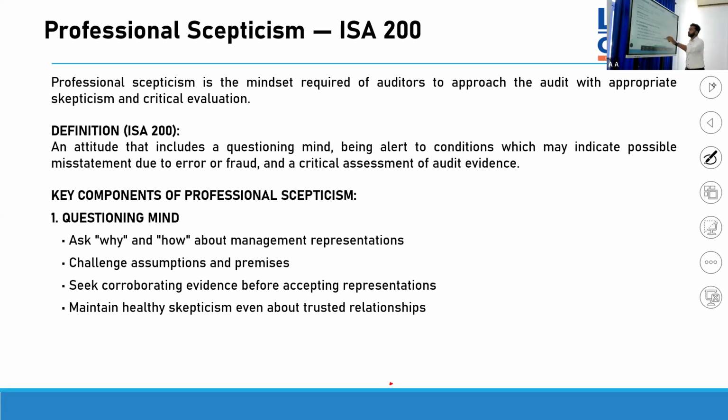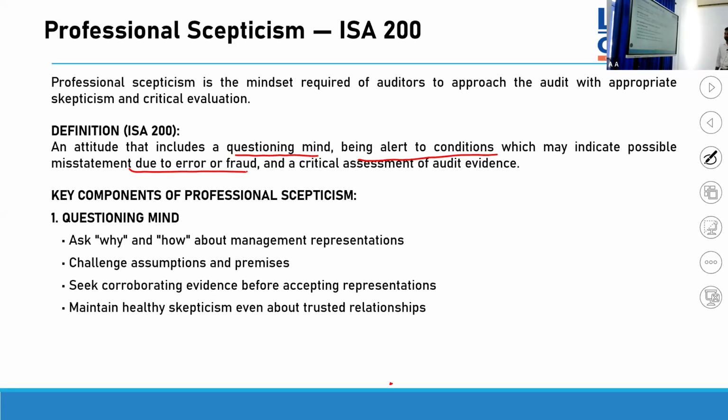It is an attitude that includes a questioning mind, being alert to conditions which may indicate possible misstatement due to error or fraud, and critical assessment of audit evidence.